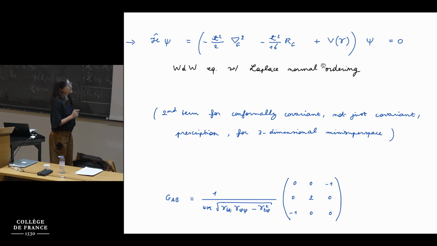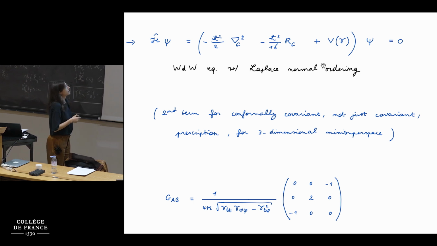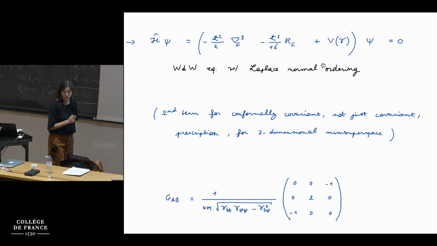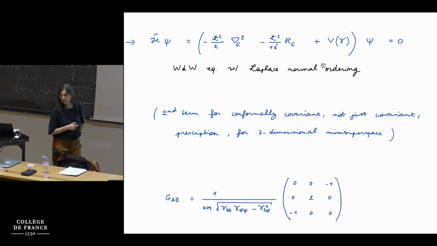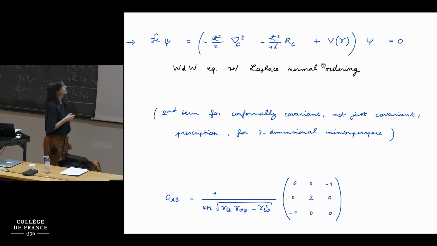But also for the next slide, when we discuss the wave packet solution, it's fine just to stay at leading order in the semi-classical approximation, and at that order, the choice of normal ordering and also this extra term for conformal covariance don't really matter at that stage.